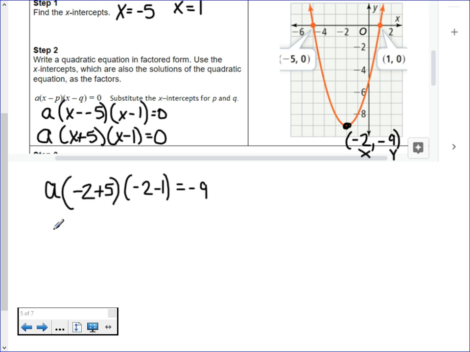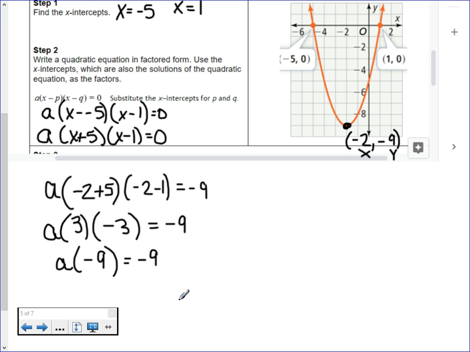We have a. What's -2 plus 5? What's -2 minus 1? We can simplify this even further because we know what -3 times 3 is. That's -9.